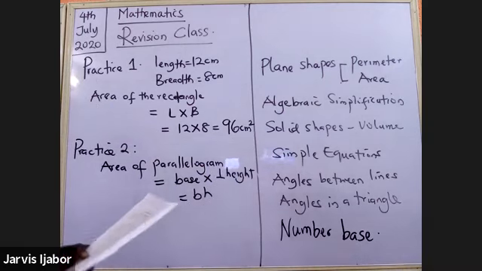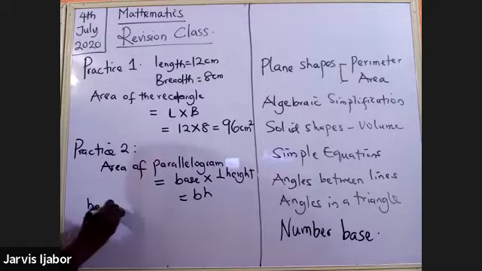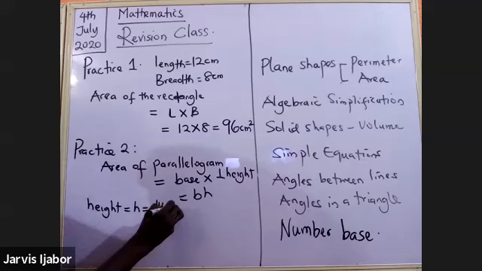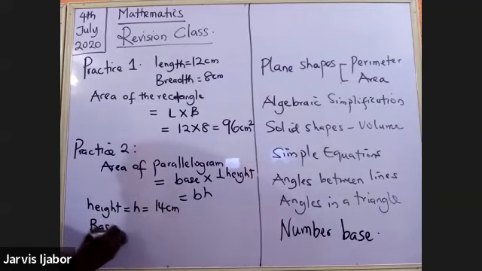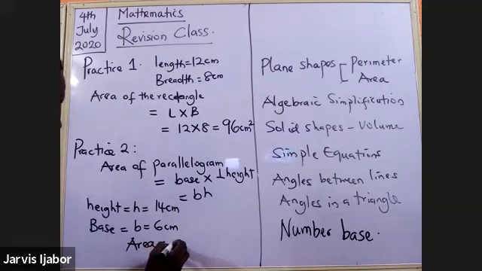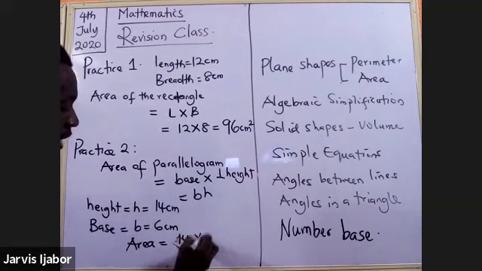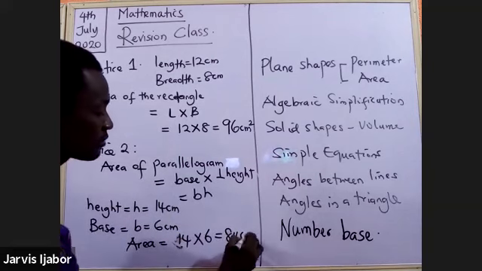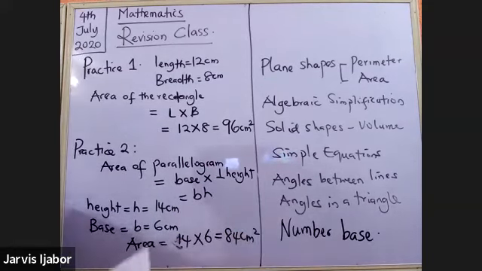Now in this question, we are told that the height H is equal to 14 cm. The base B is equal to 6 cm. So what would the area be? Area will now be equal to 14 times 6, and that will be 84 centimeters squared. So that's the answer to the next one.